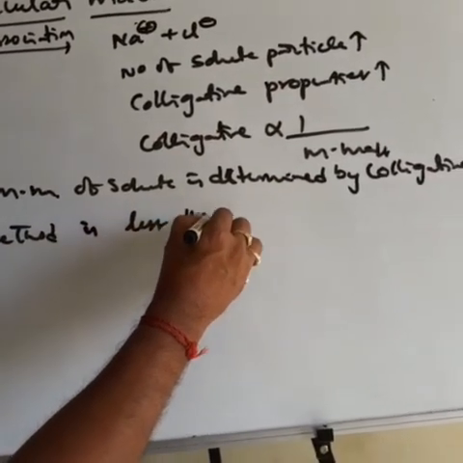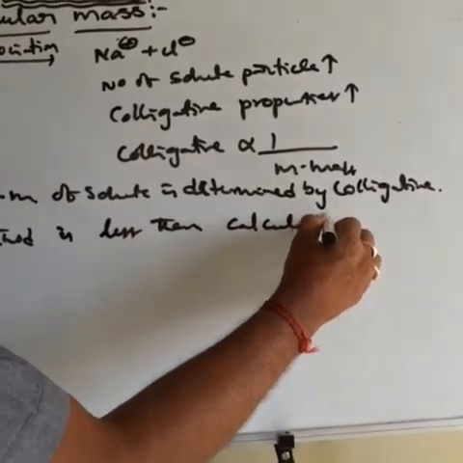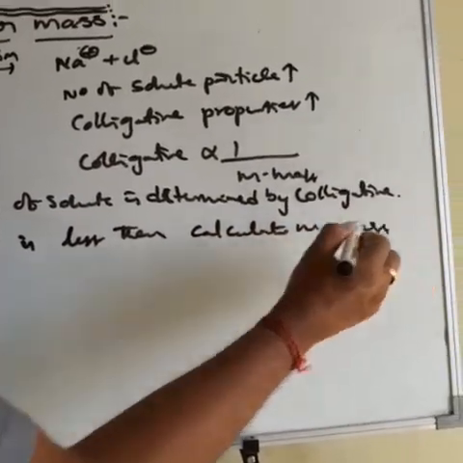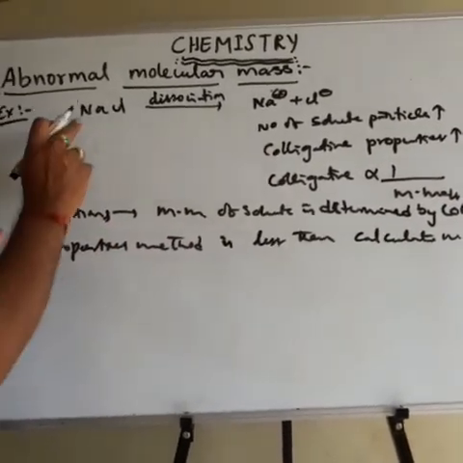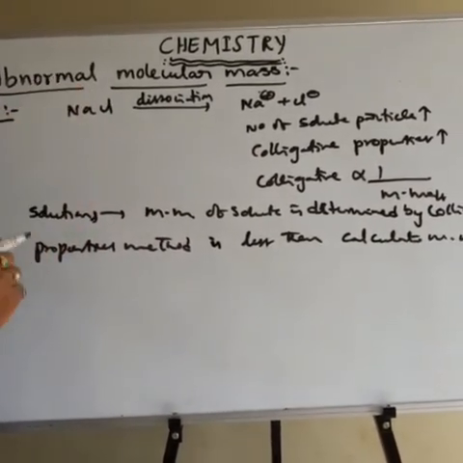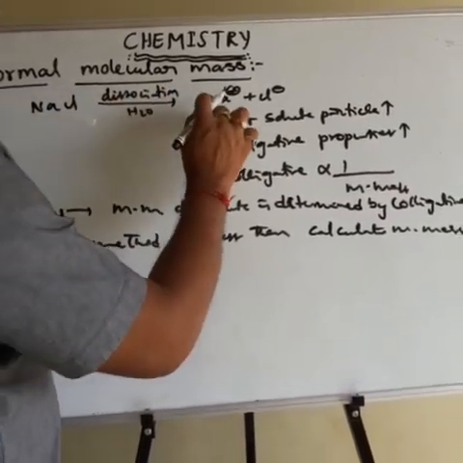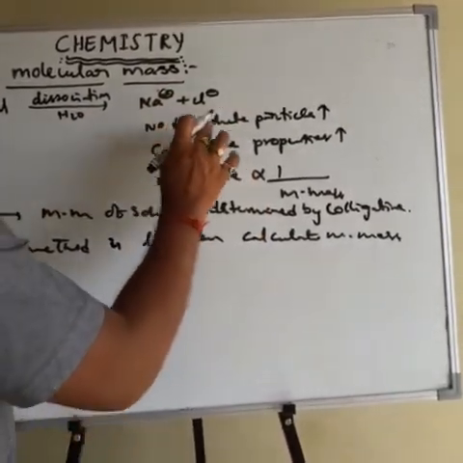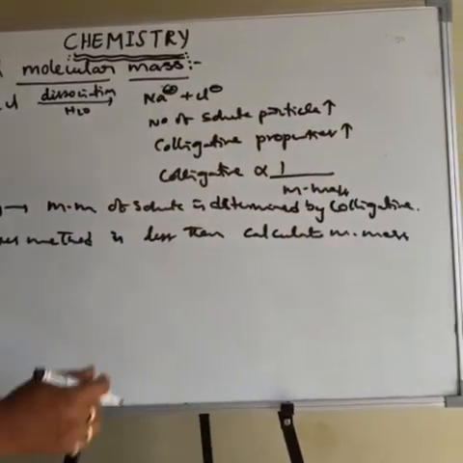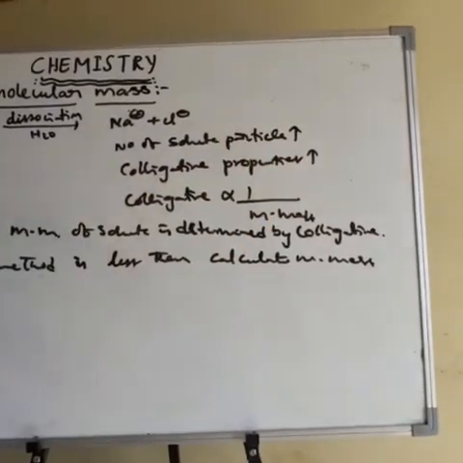So from the colligative property method we can determine the molecular mass, which is less than the calculated molecular mass. Do you understand? Once again, see this concept. NaCl is a solute that is dissolved in water. It undergoes dissociation to form Na plus and Cl minus ions, so the number of solute particles increases, and the number of moles of solute increases, so the colligative property also increases.